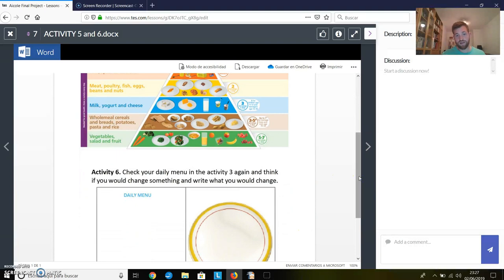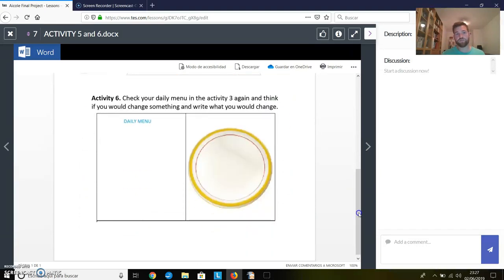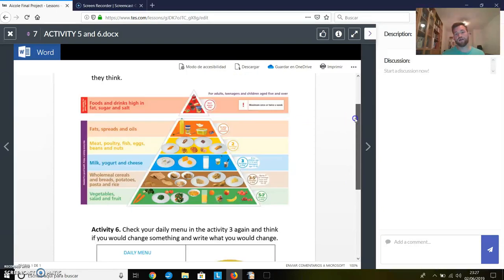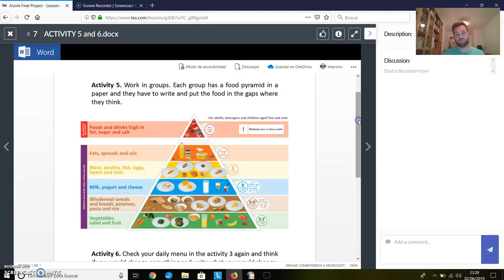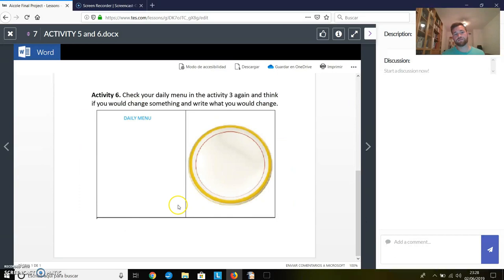And when they know it, in activity number 6, they have to check again the daily menu that they did in activity number 3, and they have to think and write if they would change something and explain why.